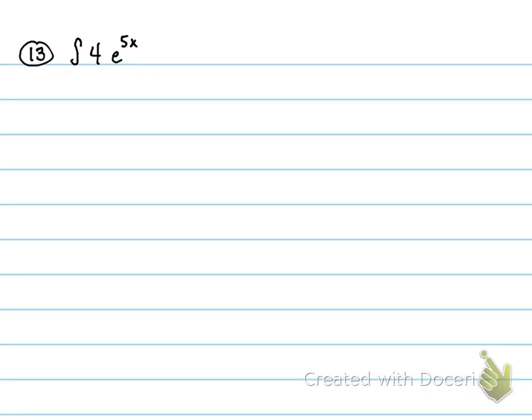All right, since we know that the derivative of e to the x is e to the x, the same has got to be true with its integral. The integral of e to the u is actually e to the u plus c. We're going to use that as we go through these problems. So what I'm going to do is allow u to be 5x up here.